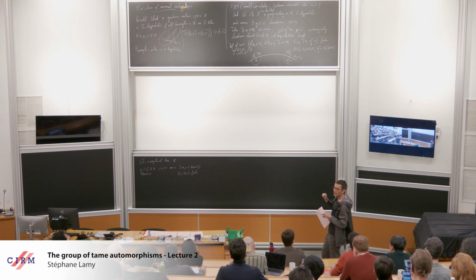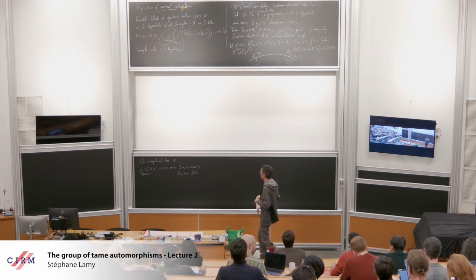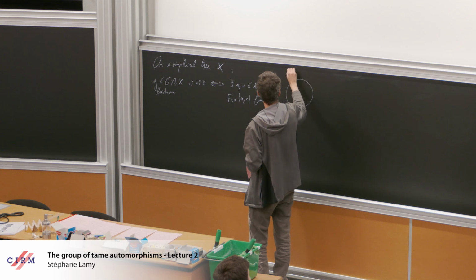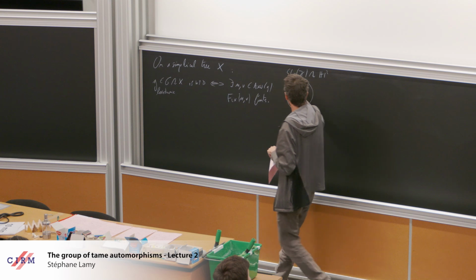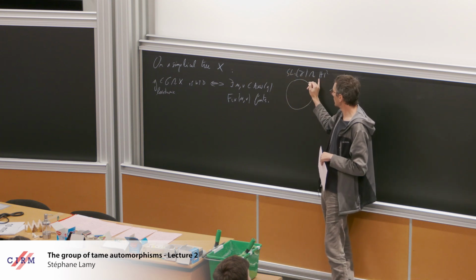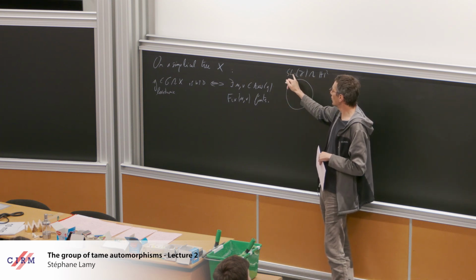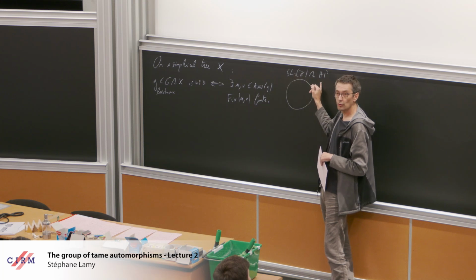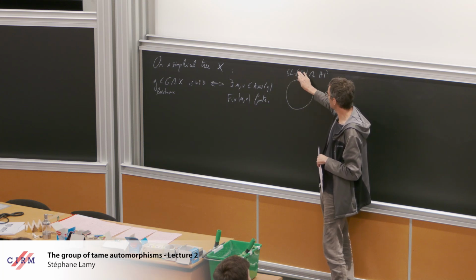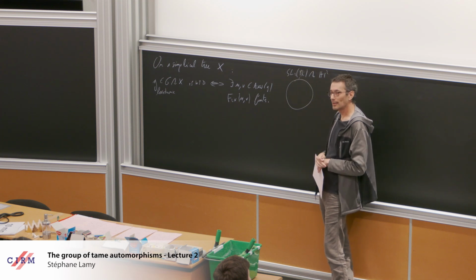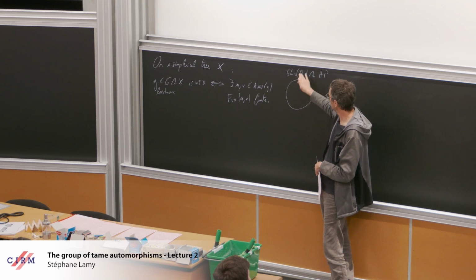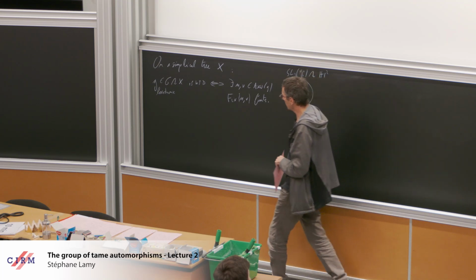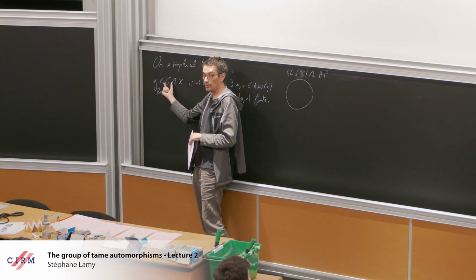For instance, if you look at the action of SL2Z on the hyperbolic disk, that's a baby example where you have an action on a hyperbolic space. Any loxodromic element here acts as a WPD element, but if you replace Z by R, none act as a WPD element, because by changing the group and not changing the element, you change something. So be careful that it's really a property of the element with respect to the ambient group.